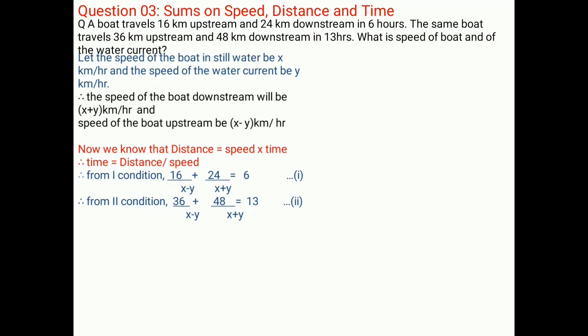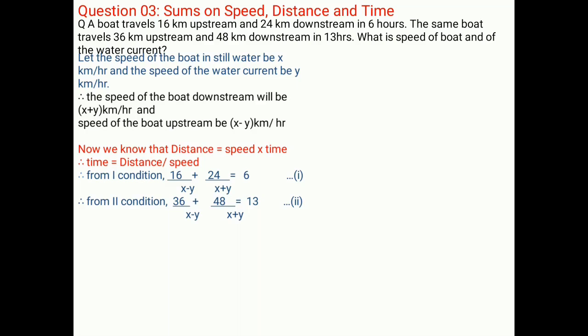Now you might have noticed that the equations here are in fractions form and the denominators are our variables. We have learned in the previous double substitution method that we have to replace this fraction form to form a general equation of ax plus by is equal to c.